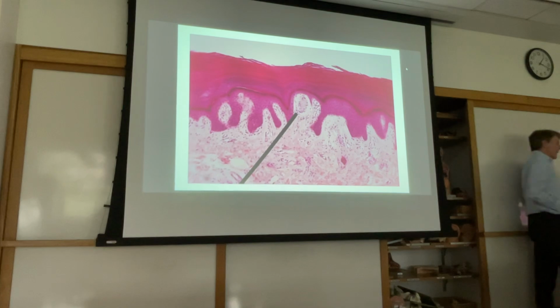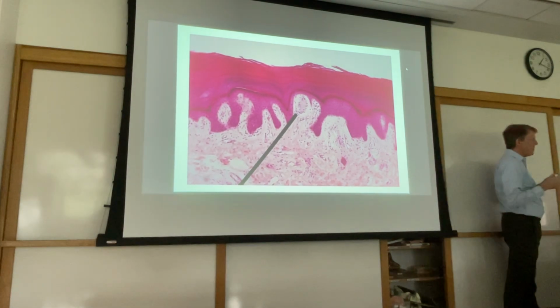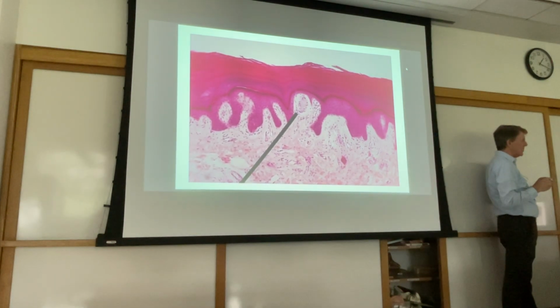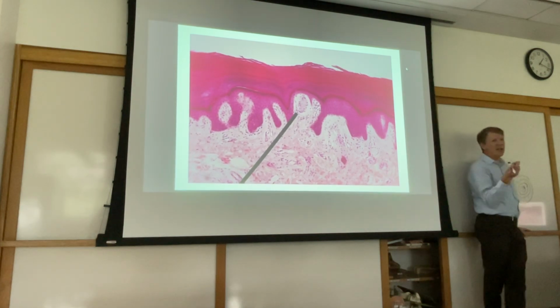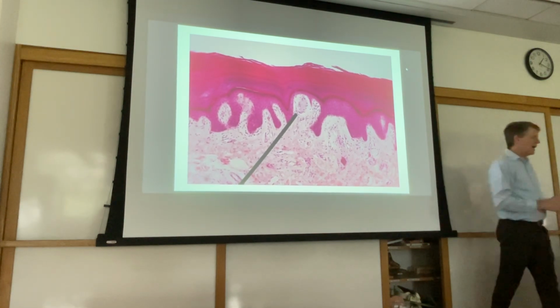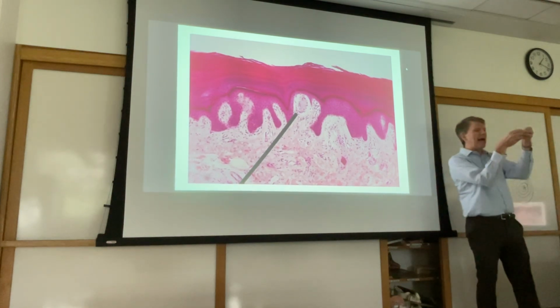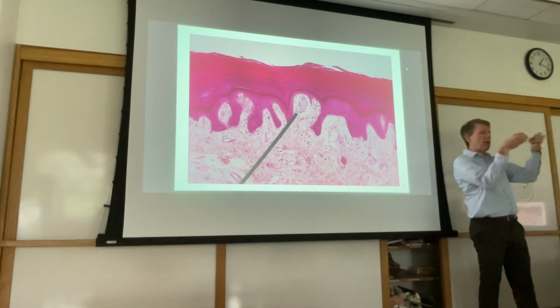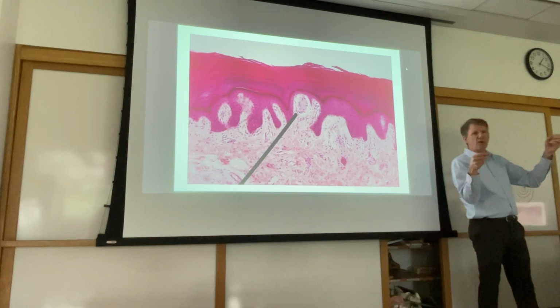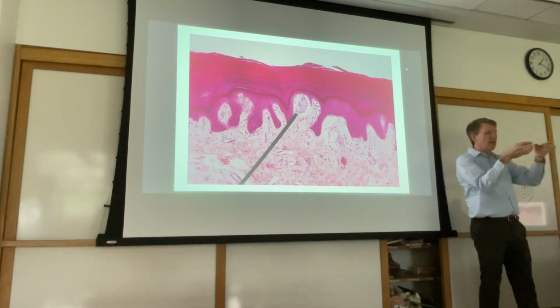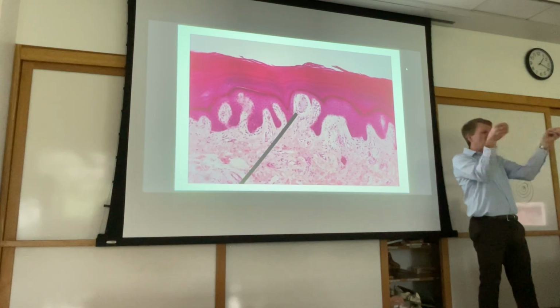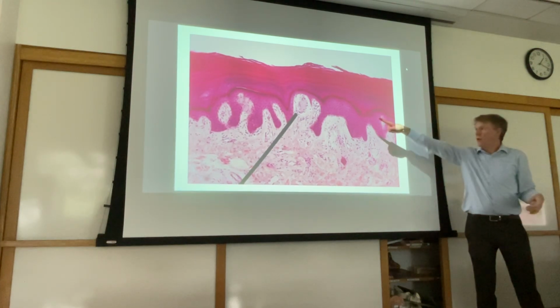Now, in terms of the shape or the structure of Meissner's corpuscles, I don't know who came up with this, but someone said it looked like raw cotton. If you took raw cotton and you pulled the seeds apart. Has anyone here recently grabbed some raw cotton? All right, me neither. But apparently there's little seeds in raw cotton, and if you pull it apart like that, it looks sort of like that.